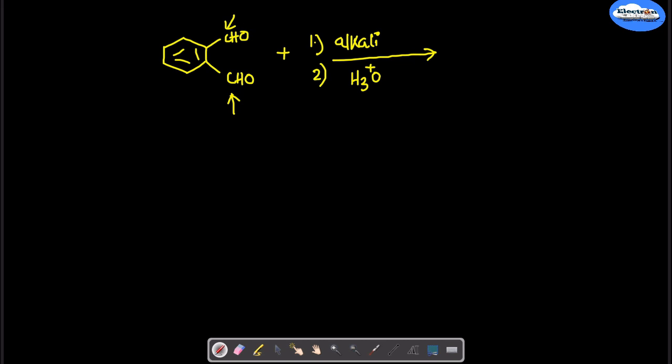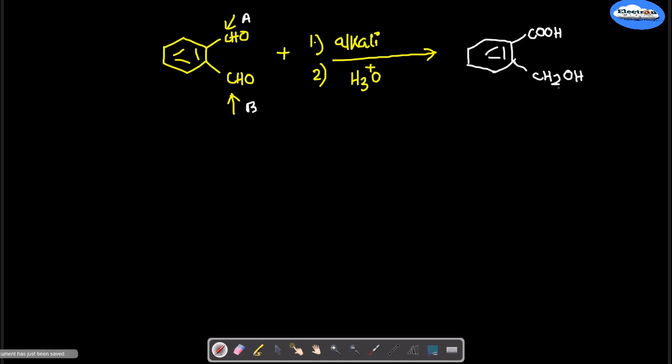If in this compound the first one is converted to carboxylic acid, let's say this A portion is converted to carboxylic acid, and the B portion is converted to a primary alcohol, then we can write over here that the benzene ring will be intact, and the upper A will be converted to a carboxylic acid, so COOH, and the lower part, that is the B part aldehyde, will be converted to primary alcohol, basically CH2OH.